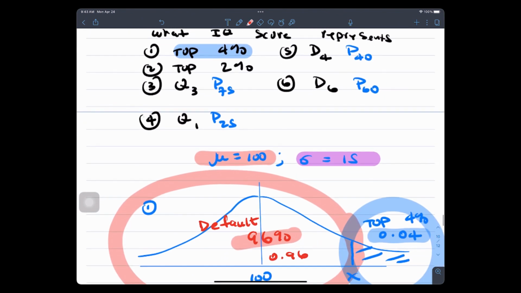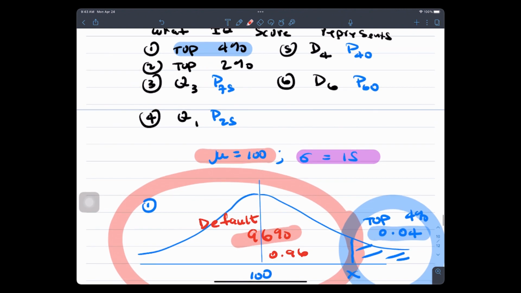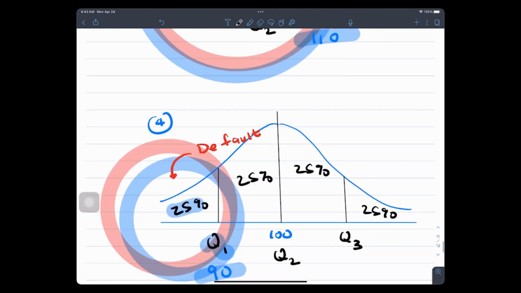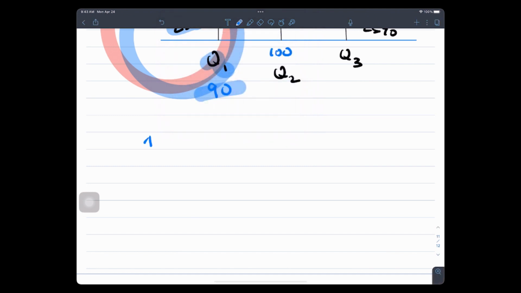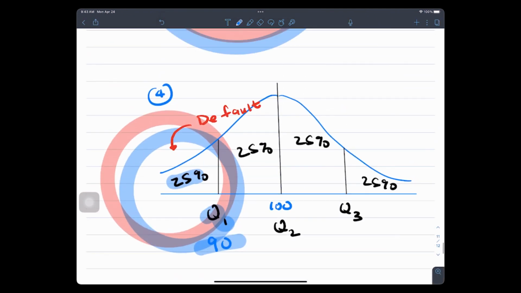Number 5 is what? D4, the 4th decile, which is the 40th percentile. So let's look at this here, 40th percentile, right? So when they say here, I think this is number 5, is that right?